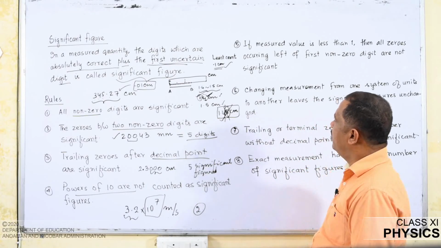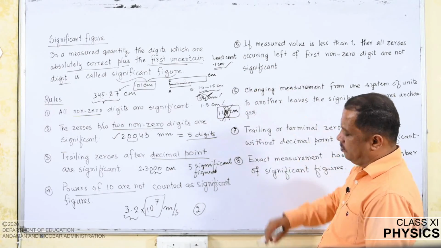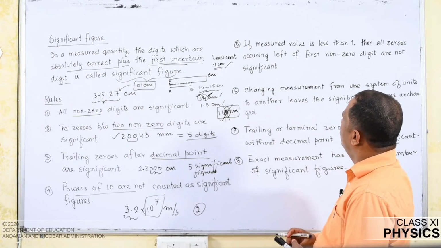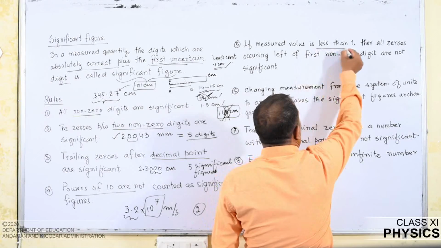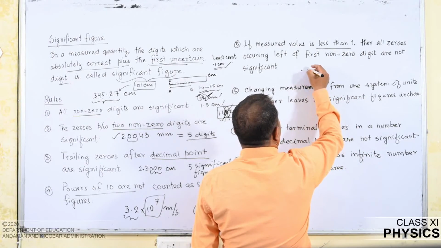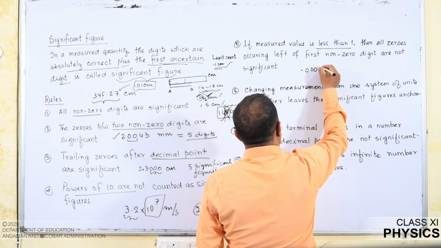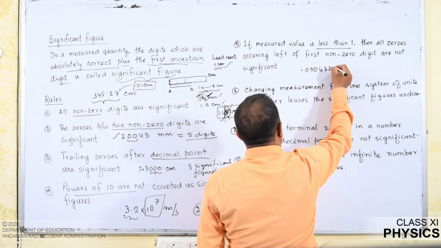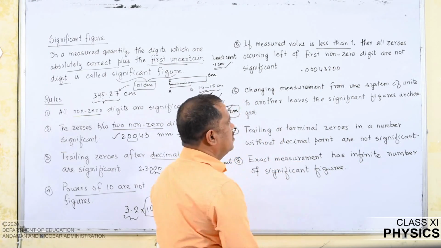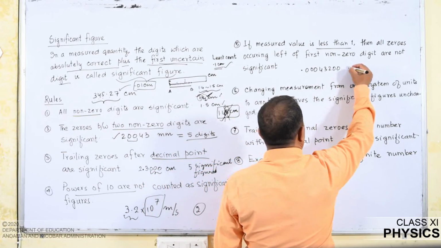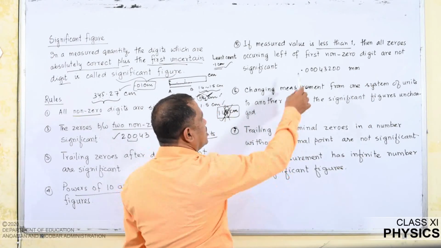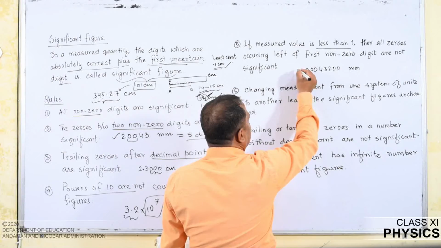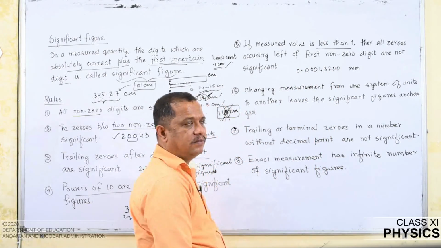Then if I go to the fifth rule, it says if a measured value is less than 1, say 0.0043200 millimeter, so if I am asked whether it is less than 1, of course it is less than 1.